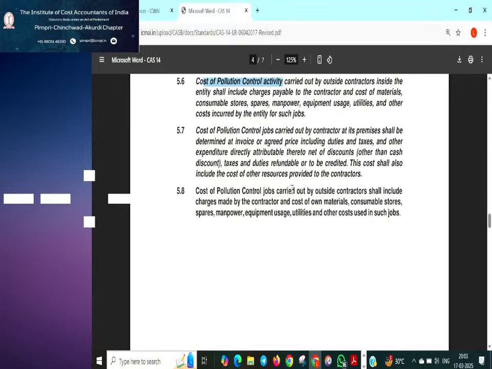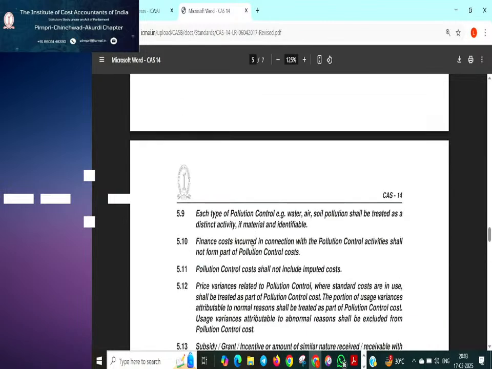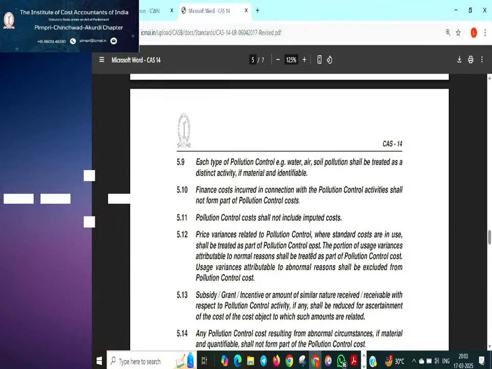Then coming to jobs carried out by outsiders, it shall include the charges made by the contractors and cost of materials. This is in case of job costing, okay? And each type of pollution control, water, air, soil, needs to be treated differently and distinctively. You cannot club everything under one particular head.